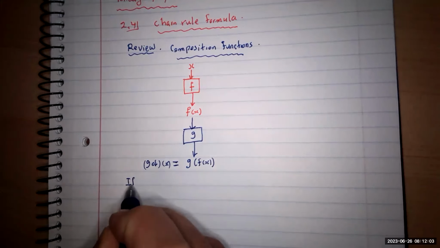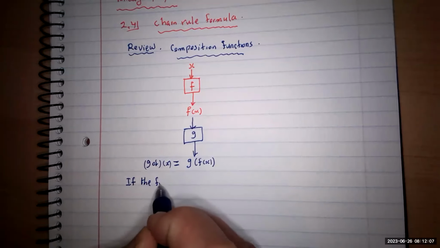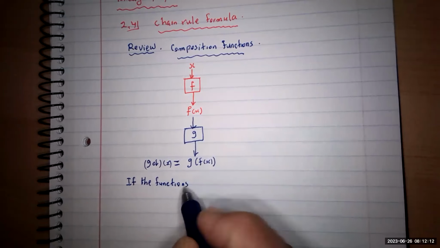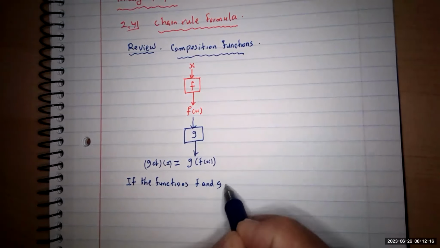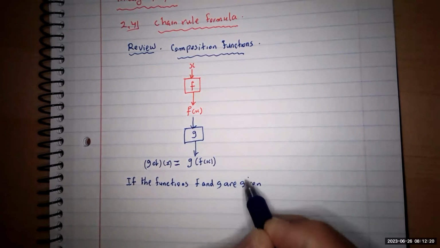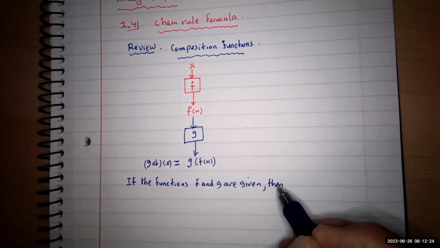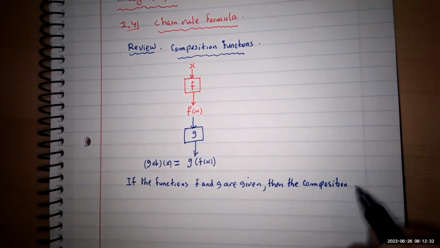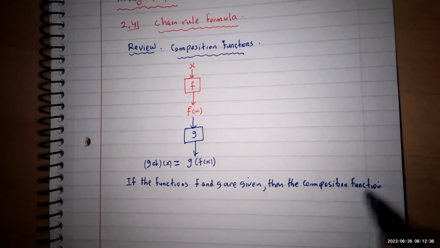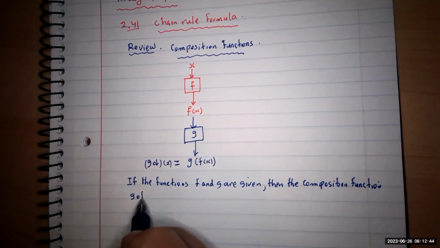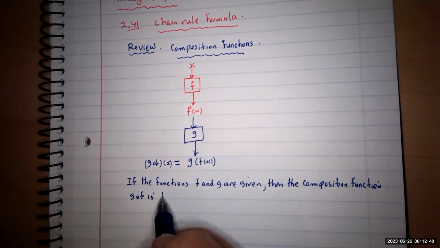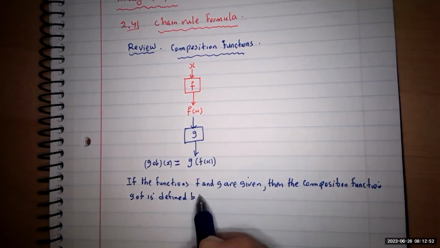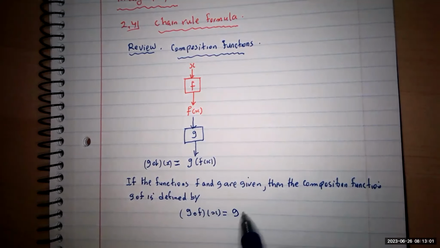If the functions f and g are given, then we can define the composition function, that we are going to denote by g of f. g of f is going to be defined by g of f at x is going to be g of f of x.